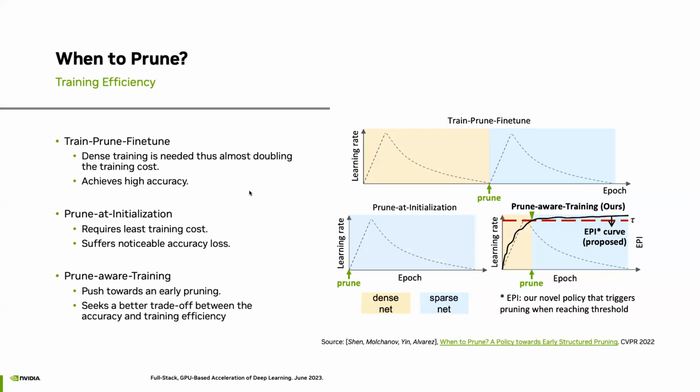So one trade-off we can have here is to perform the pruning during the training process like the regularization-based method, but push the pruning towards the early stage of the training so that we can reduce the training cost as much as possible.